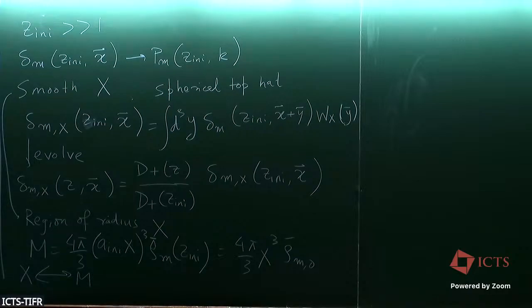So I have to just find how many such points have crossed the threshold. Every point which has crossed that threshold at redshift z would have collapsed. And the mass would be this mass. So it is, I mean, as simple as that conceptually.